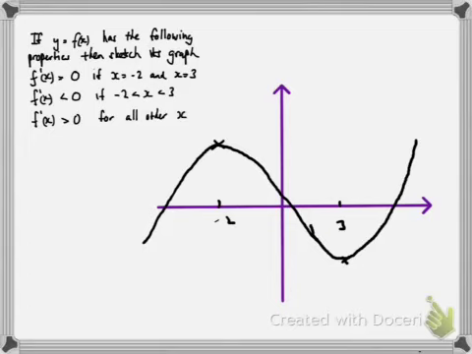Now let's see if it all checks out. That's what we have to do here. If we look at our gradients between negative 2 and 3, we'll notice that we've got a negative gradient there. As far as gradients everywhere else, positive and positive. So our gradients match up there.